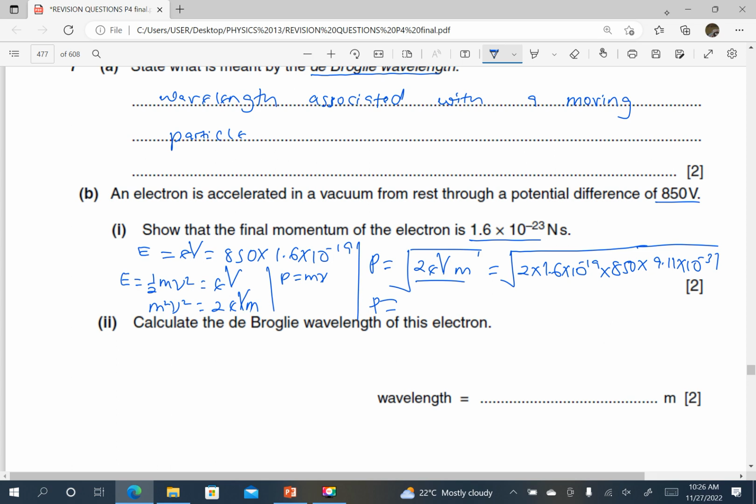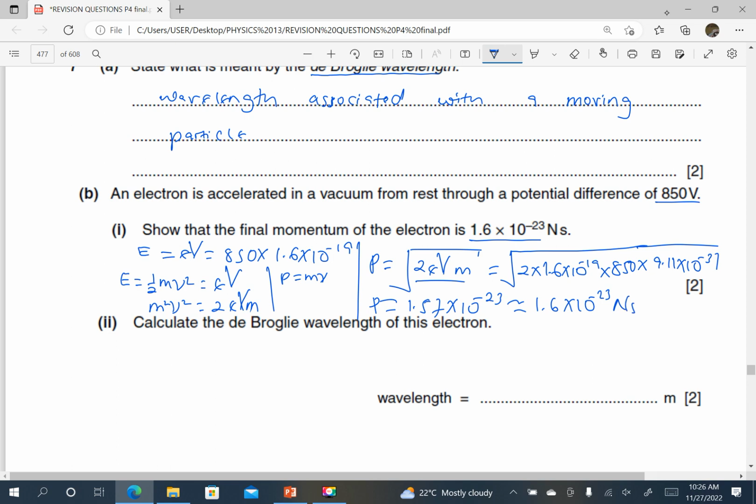So momentum is 1.57 times 10 power negative 23, which is approximately 1.6 times 10 power negative 23 Newton seconds.